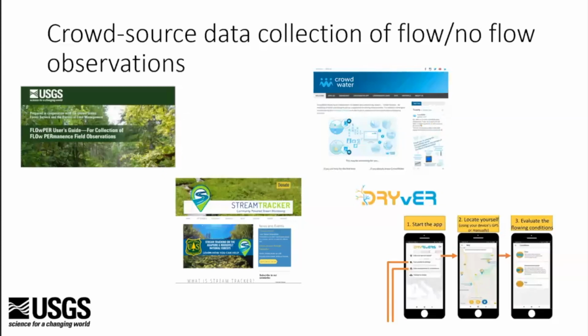And with that, there's quite a bit of momentum for these data collection apps. USGS and the Forest Service have what we call FLOPER, the Flow Permanence Mobilization App, over here on the left. There are other crowdsourcing mobile apps out there: StreamTracker, which came out of Colorado State, and CrowdWater and DRIVER, which are both in Europe.